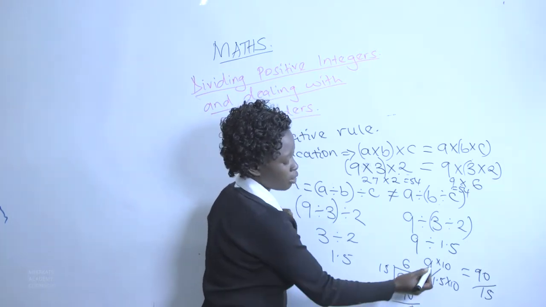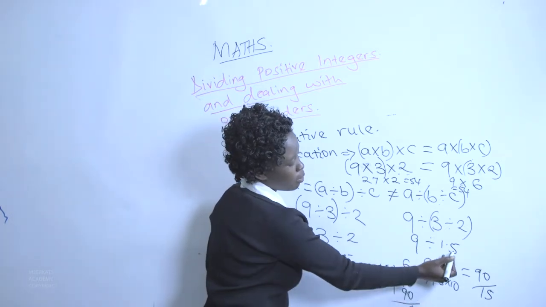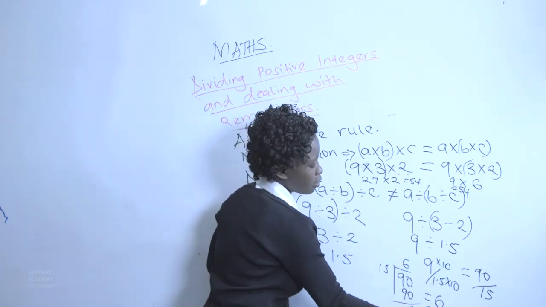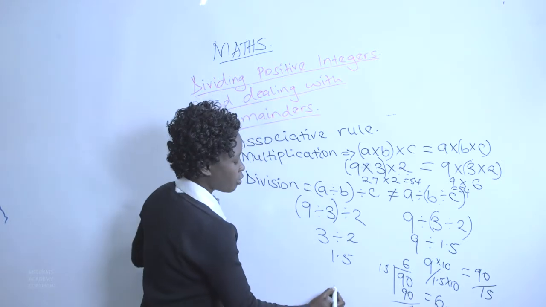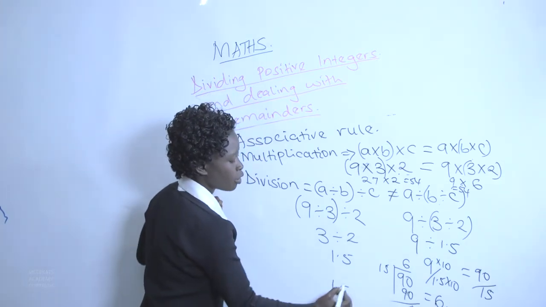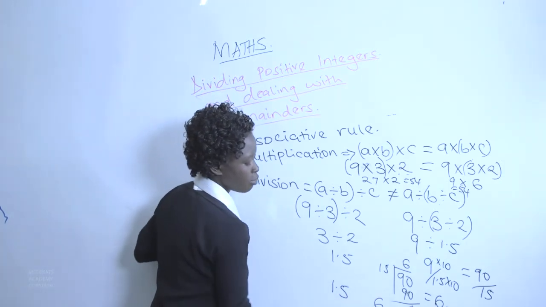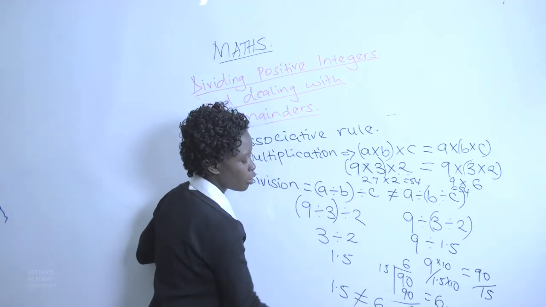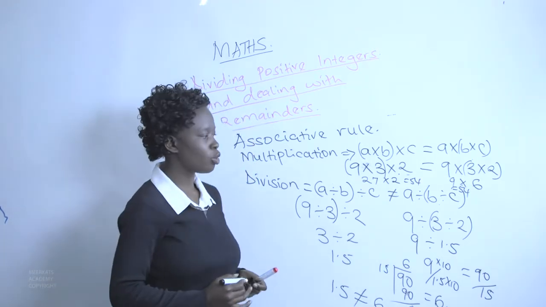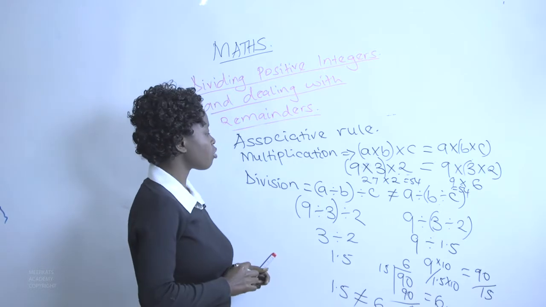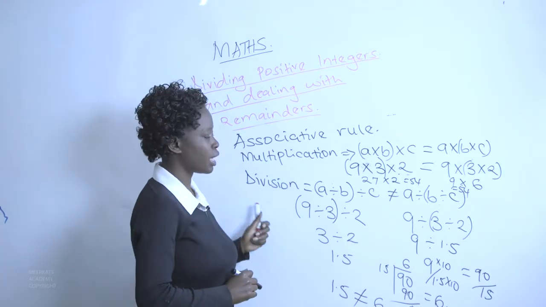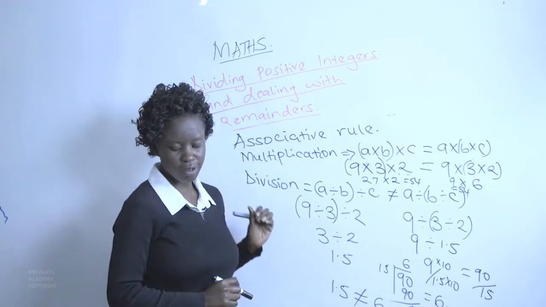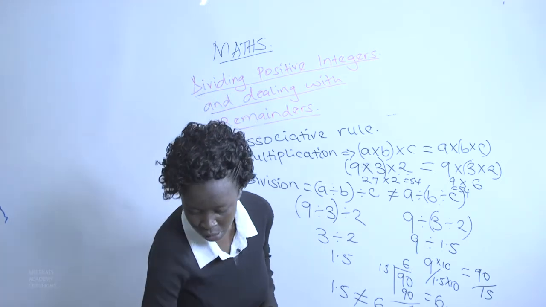So we get 9 divided by 1.5, the answer is simply 6. So we get that on the left-hand side I have 1.5, on the right-hand side I have 6. So it simply means 1.5 and 6 are not equal. So the associative rule does not apply when it comes to the division process.